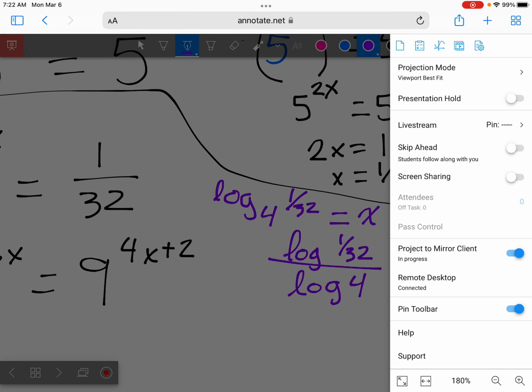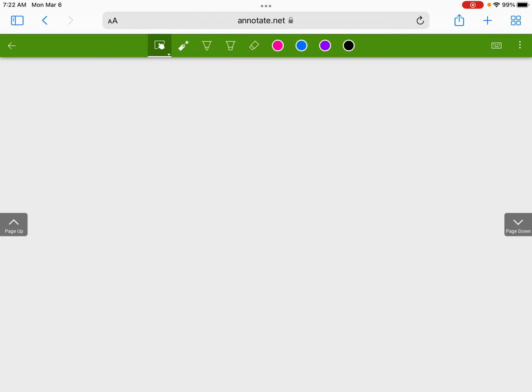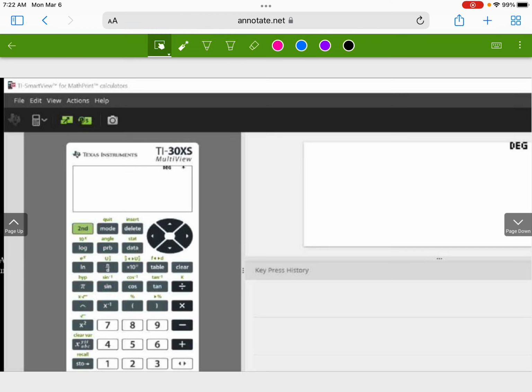Let's see if my computer will let me do it. Nope, that is 100% not the button I wanted. Ooh, lag-tastic. Can you let me hit the buttons, please? Why is it always first period? You don't let me hit the buttons. It's only you guys. It works for all the other classes. I don't know why the calculator doesn't actually want to show you guys what we're doing.